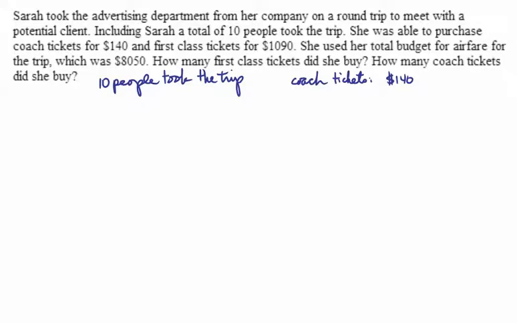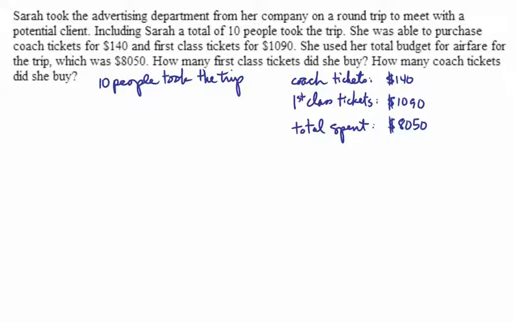First class tickets for $1,090. That's important. She used her total budget for airfare for the trip, which was $8,050. That's also very important. And the question is, how many first class tickets did she buy? How many coach tickets did she buy?